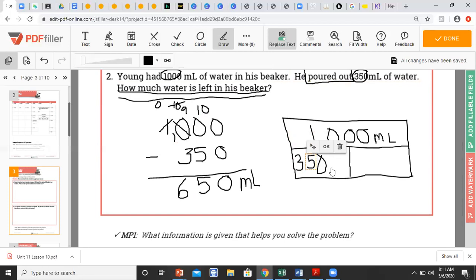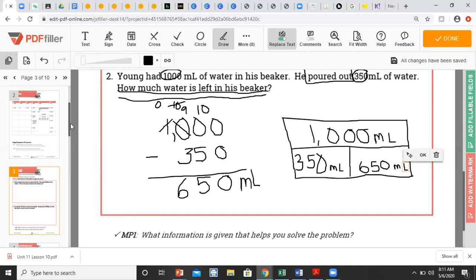And then our missing value, the value that we solved for, gave us 650 milliliters.